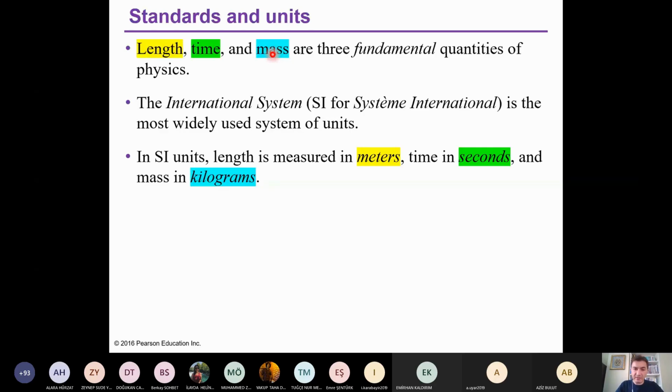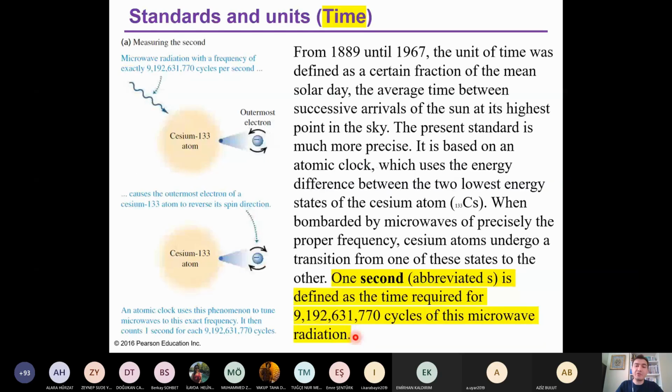The 1 second is defined with the frequency of microwave radiation. This is necessary to excite cesium atom. Here, there is a cesium atom, okay? This is the electron within the cesium atom, and microwave radiation, electromagnetic radiation, with a frequency of exactly this cycles per second comes to the cesium atom, and then it causes the outermost electron of a cesium atom to reverse its spin direction.